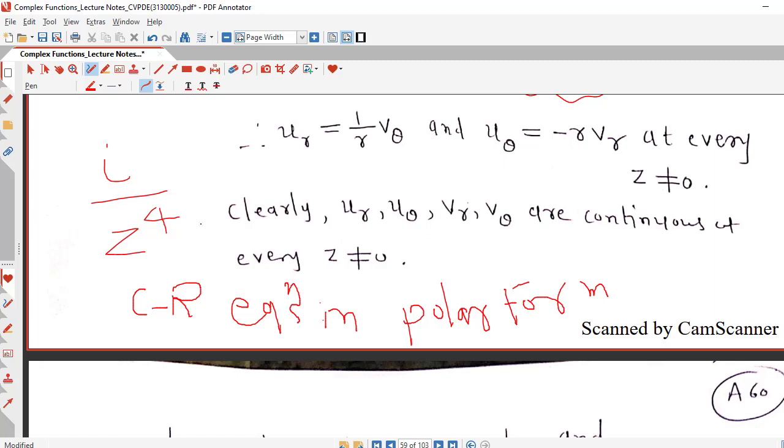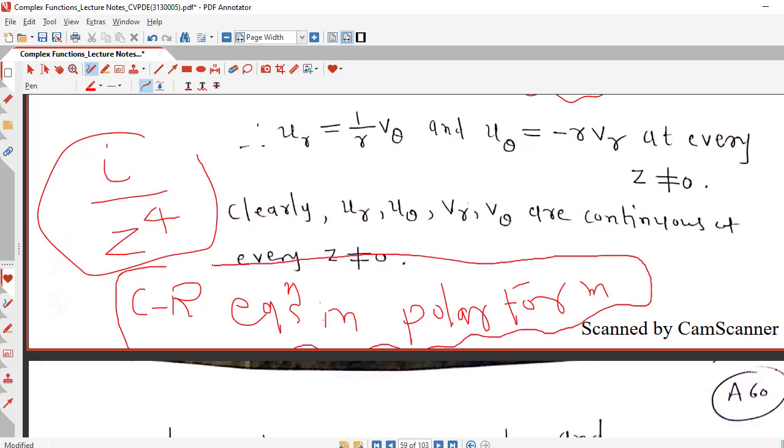Otherwise you can go with Cartesian coordinates also by taking z equal to x plus iy, but we will consider z equal to r into cos theta plus i sin theta, and then we can use CR equations in polar form to check differentiability of a given complex function.